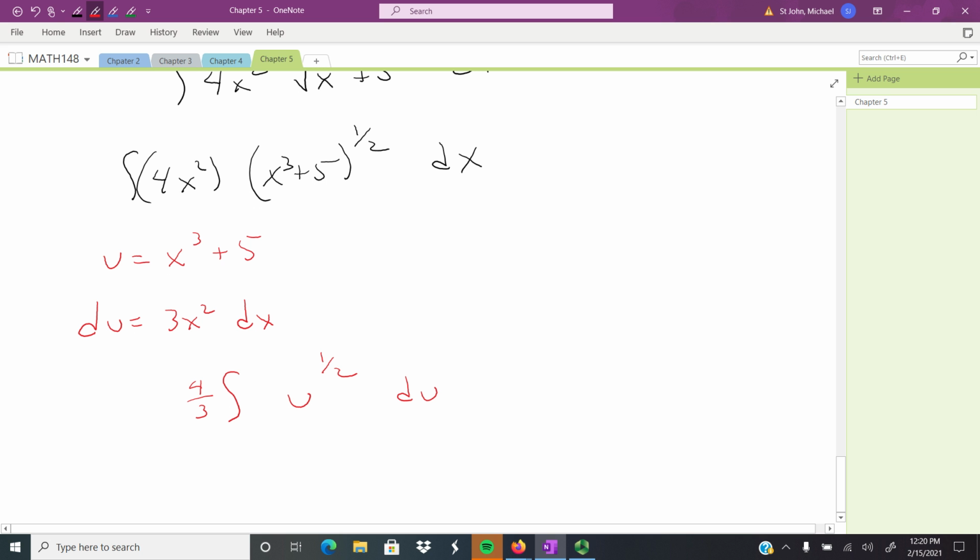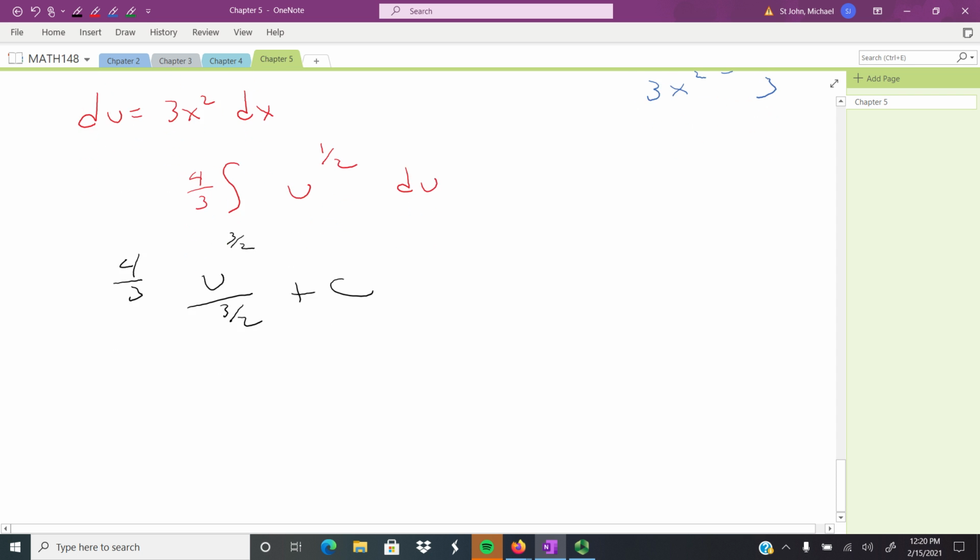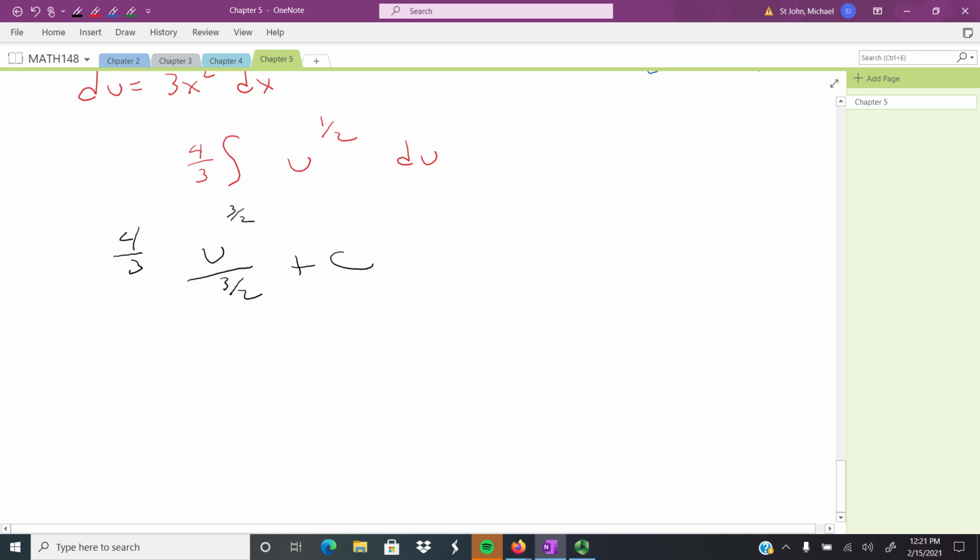Right? And the way I can get the factor is just take whatever we had originally, which was 4x squared, divided by my du, which is 3x squared, and this gives me 4/3. So now I get something here I can integrate, and so this is going to be 4/3 u to the 3/2 over 3/2 plus c. And so this is going to become 8/9. We take the u out, put our original back in.